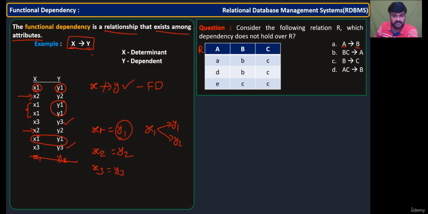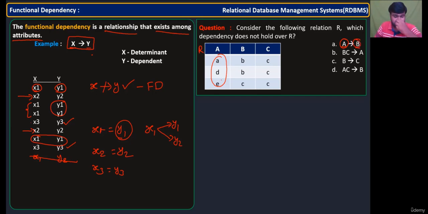You can see the first thing is, can you say straight away whether this is a valid FD or not? Whatever is on the LHS side is always the determinant. If all values on the LHS side are distinct, and you can observe A has all values distinct, you need not cross-check this.